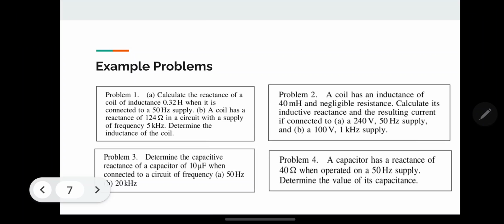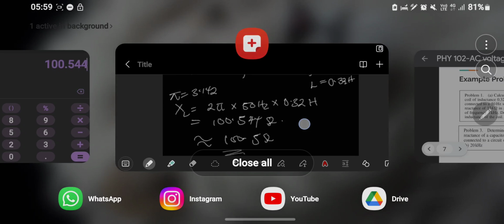This is pretty much straightforward, but the most important thing is we need to be conversant with our formula. So the reactance of a capacitor is given by, okay, let me just minimize my space consumption. XC is equal to 1 all over 2 pi F C. If you remember, in our previous note I already gave this out.